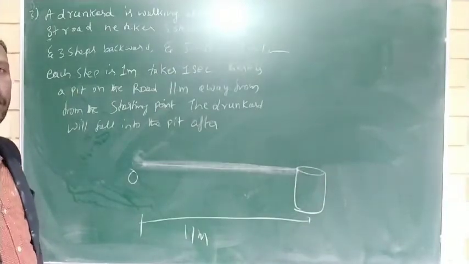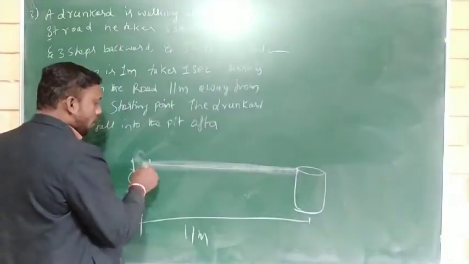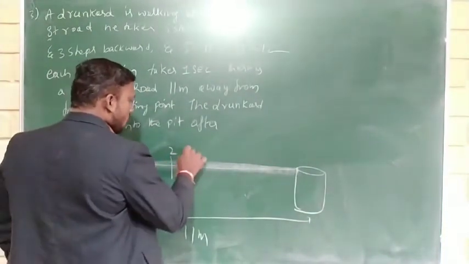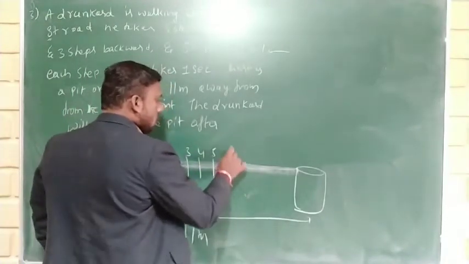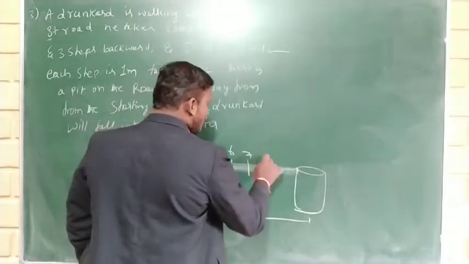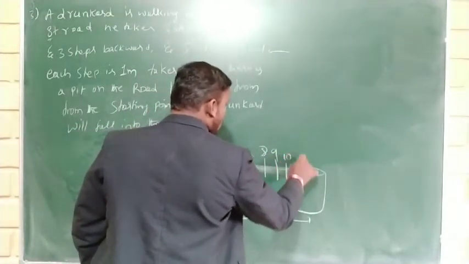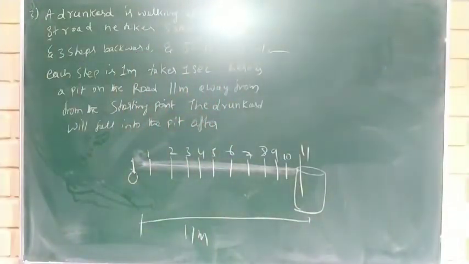From this point, this is first step: 1, 2, 3, 4, 5, 6, 7, 8, 9, 10 and 11. This is the distance.